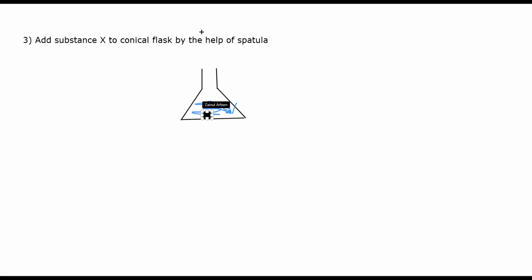But the thing is, for a substance to be a catalyst, it should alter the rate or the speed of the reaction. So in this experiment, hydrogen peroxide on dissociation is giving a gas.